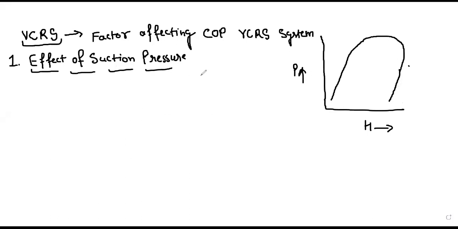Now, all of you know that we have four different processes in the VCRS system. What are these processes? We have 1 to 2, that is called isentropic compression. What is 2 to 3? Constant pressure or temperature heat rejection in the condenser. What is 3 to 4?